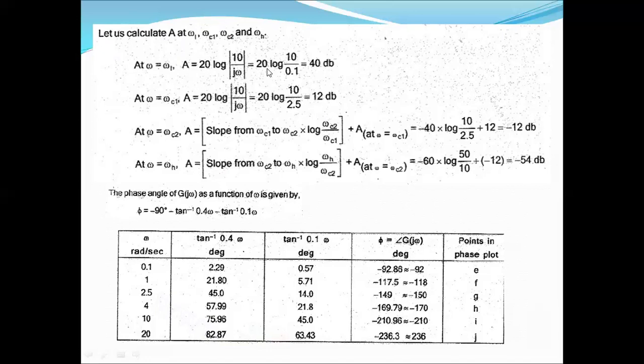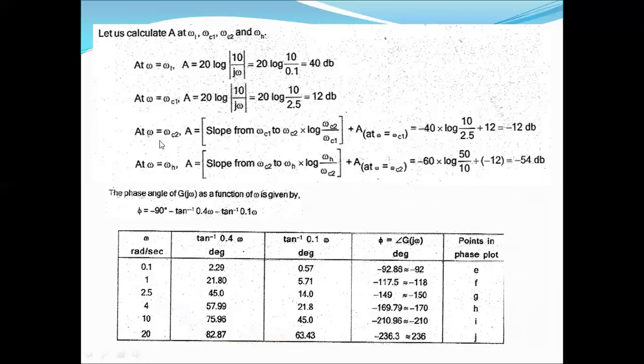Suppose you have taken the lowest frequency as 0.25, the difference will be exactly minus 20, because this 10 divided by j omega term contributes minus 20 decibel per decade. So one decade apart, if you draw it in the plot, you will get minus 20 decibel per decade between 0.25 and the first corner frequency 2.5.